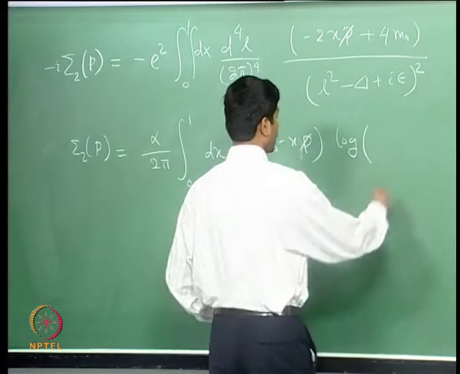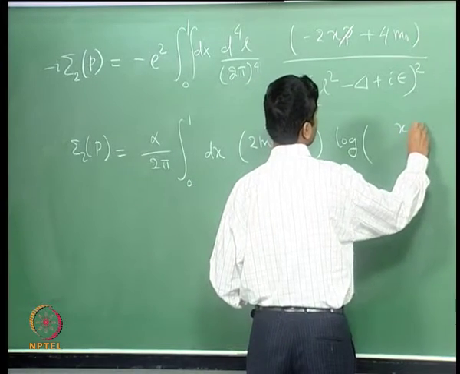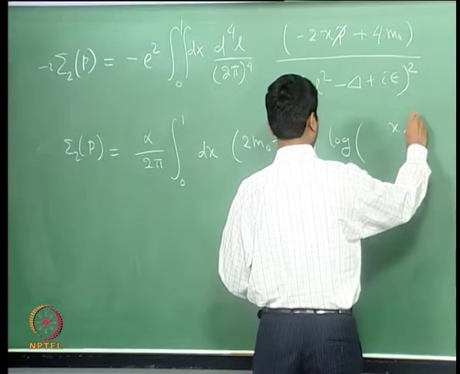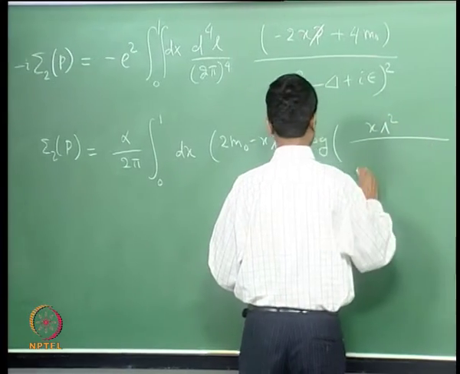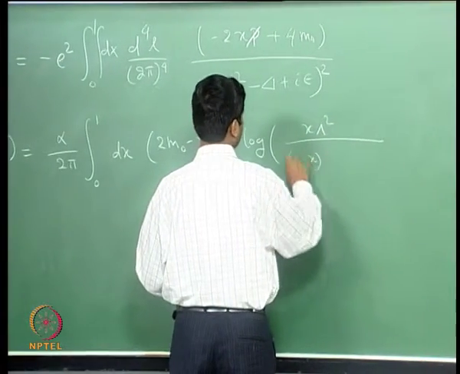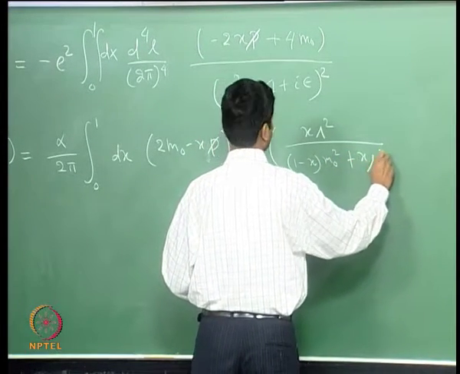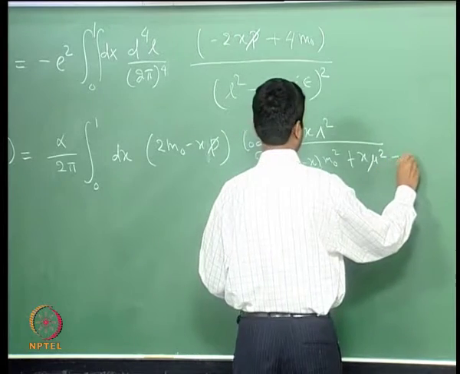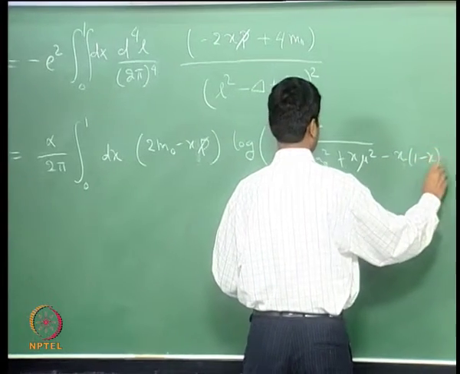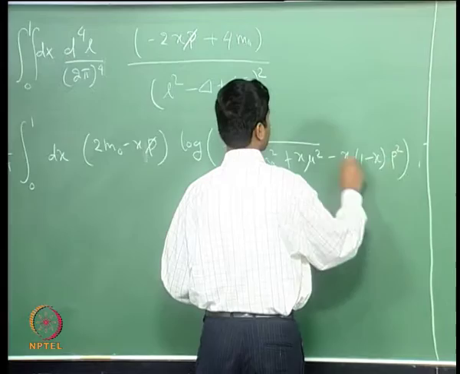Delta lambda we already know is given by x capital lambda square divided by 1 minus x m 0 square plus x mu square minus x 1 minus x p square.